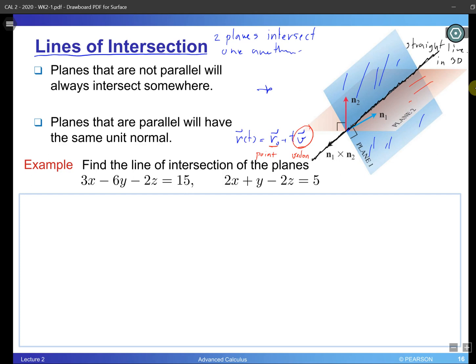So this vector n1 right here is orthogonal to plane 1. And we are going to do the same for plane 2, where it has vector n2 that is orthogonal to itself. n2 right here is orthogonal to plane 2.